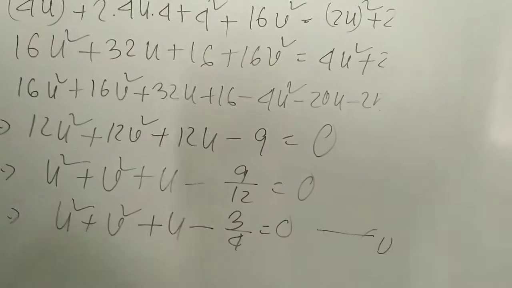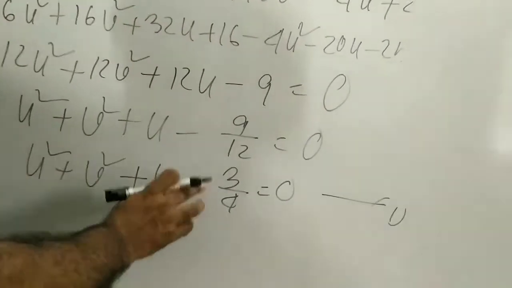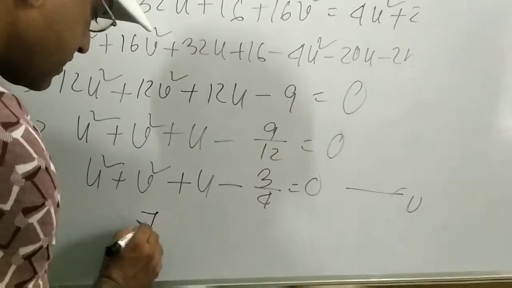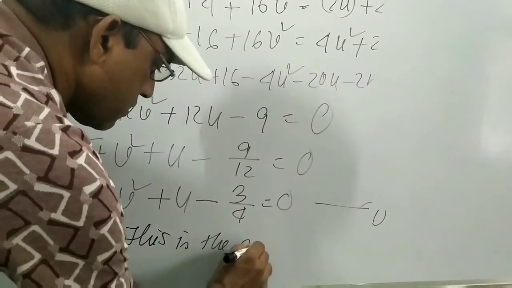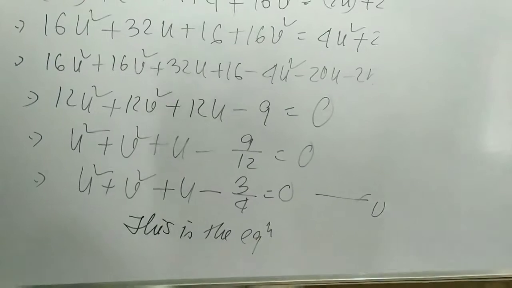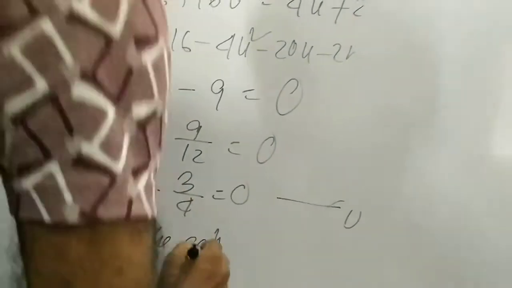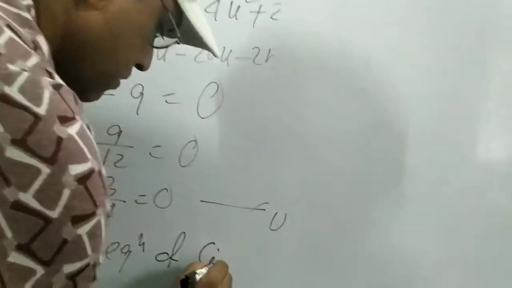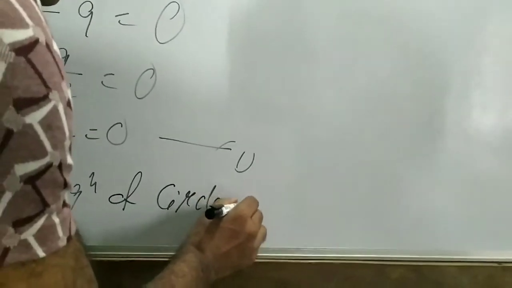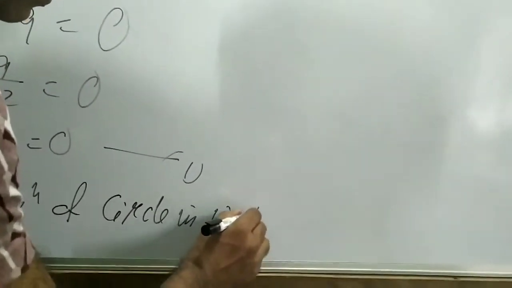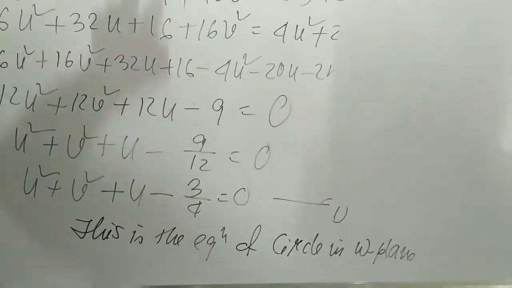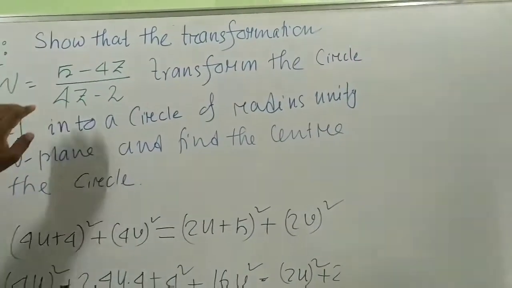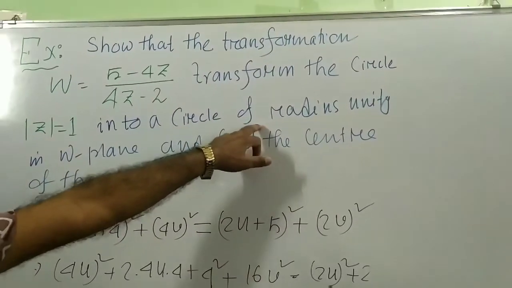This, in terms of u and v, is the equation of a circle in the W plane. W plane means it contains u and v. Now we want to show the radius is unity and find the center.